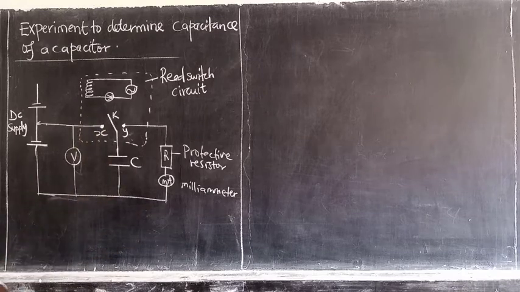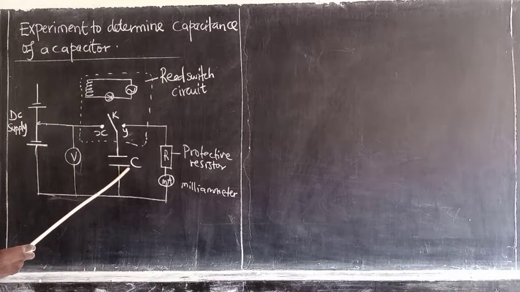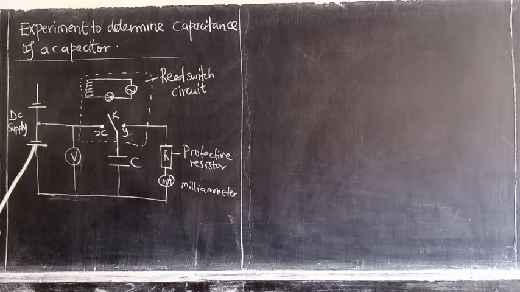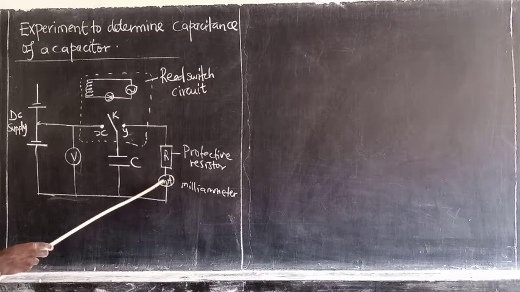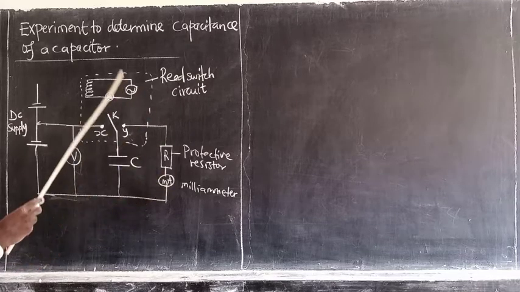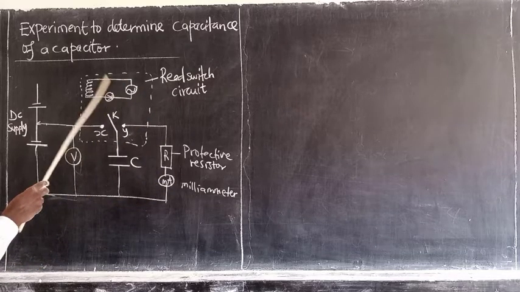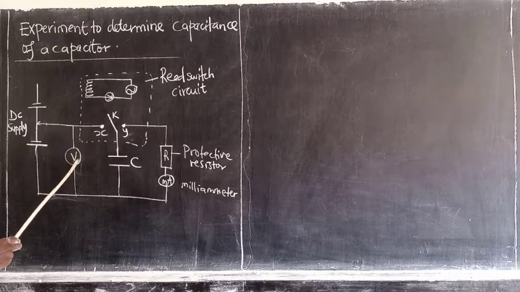Almost all the experiments we shall do, we shall be using this same arrangement when you are using the reed switch circuit. So you have to put your capacitor here with the PD supply, and then you have an ammeter there, then the reed switch circuit, the voltmeter there.